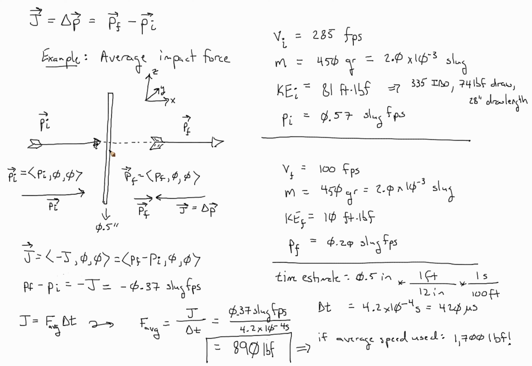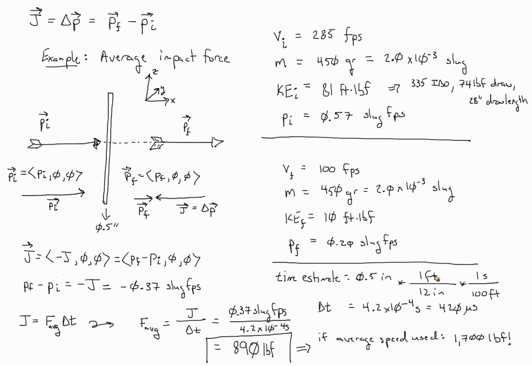Now, honestly, it would probably take much less time than this because it's not going to be going 100 feet per second through the whole thing. It impacts at 285, it exits at 100. And so the average velocity through here is probably more like 190, 195 if we imagine it's a linear change. But whatever it happens to be, we're going to use 100 just because that gives the maximum amount of time that the arrow could be punching through here.